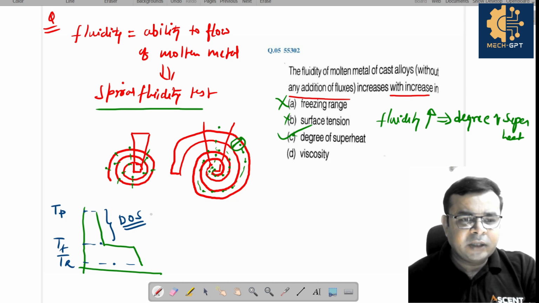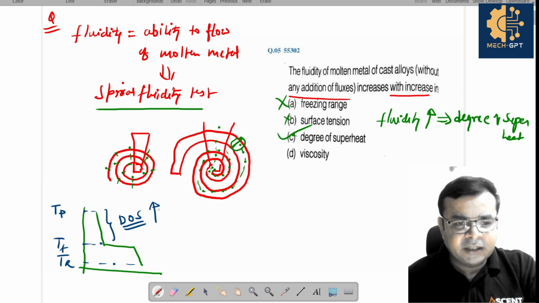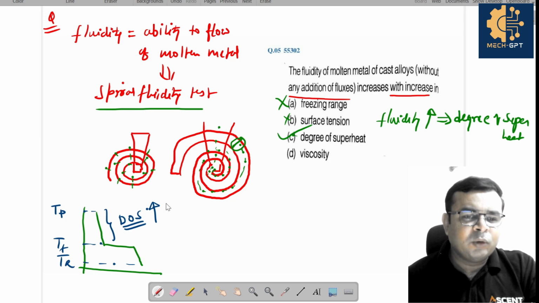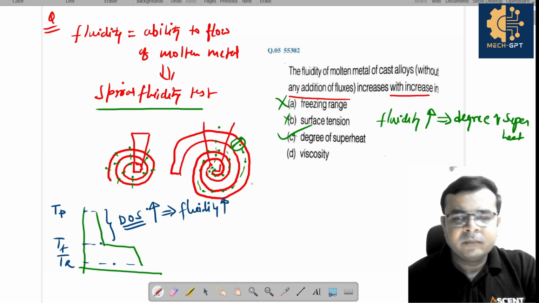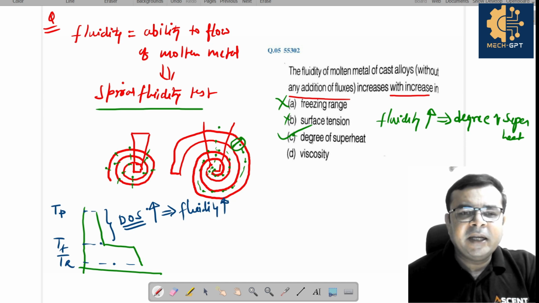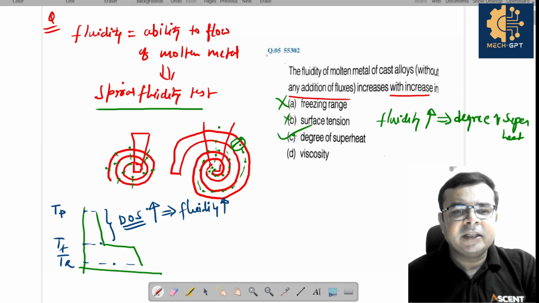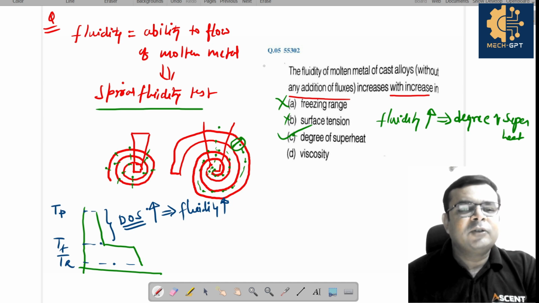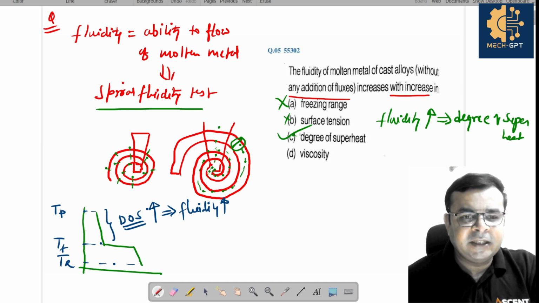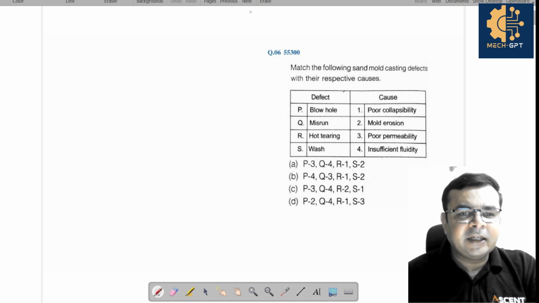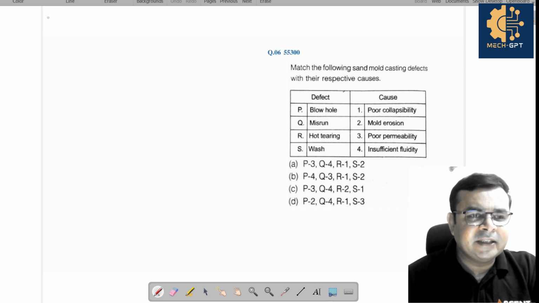So as you add more heat, means the higher the degree of superheat, means more heat addition, and therefore the fluidity will be more. Yes or no? Correct? So by increasing the degree of superheat, we can increase the fluidity. So the correct answer is option C. Viscosity is also not correct. And obviously when you increase the temperature, then viscosity will decrease.